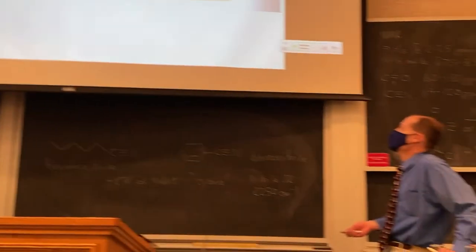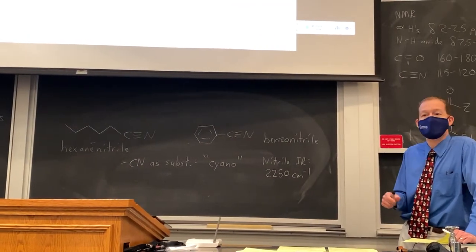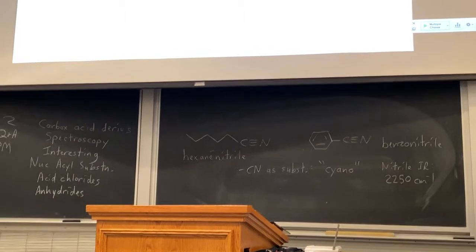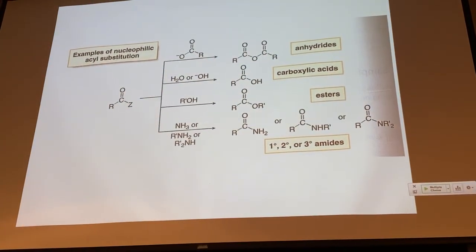Okay? And then you might wonder, what about amides? Do they react at all? They're the most stable. Well, the flip side of what I just told you is that all of our carboxylic acid derivatives can be converted into carboxylic acids themselves. So we will learn ways of making carboxylic acids from amides.